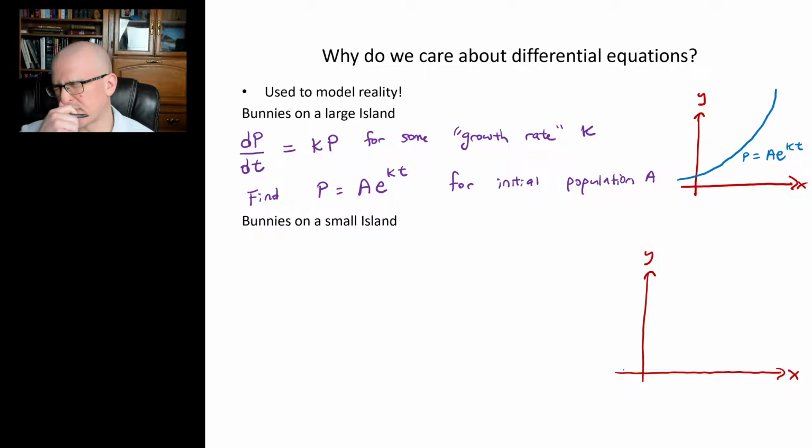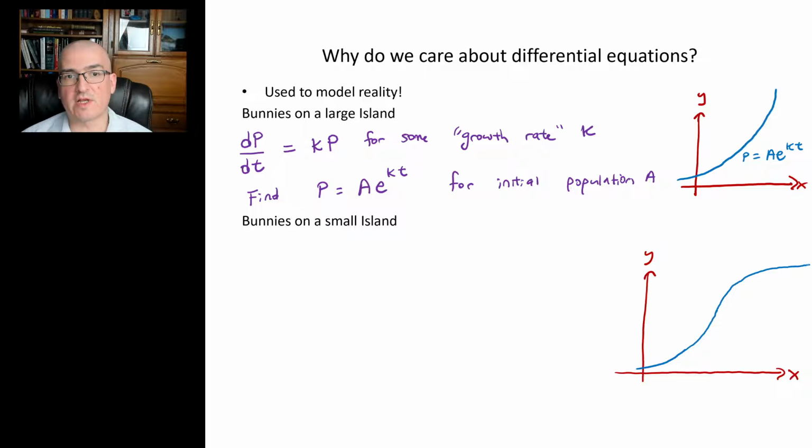So not predator and prey systems, everything except that. So you have an initial population. It grows exponentially until it starts feeling the stress of its environment, where it's feeling, well, we're running out of food. And the population growth slows down and it starts leveling off.